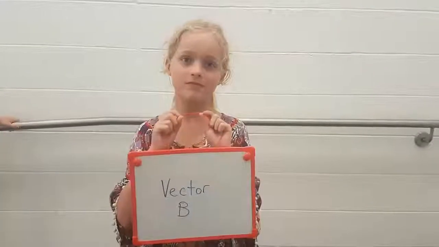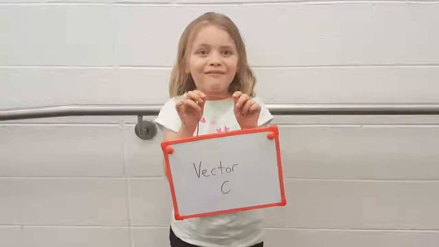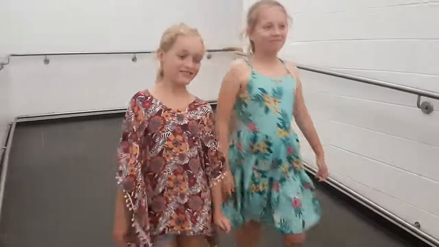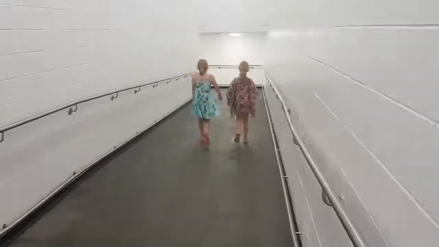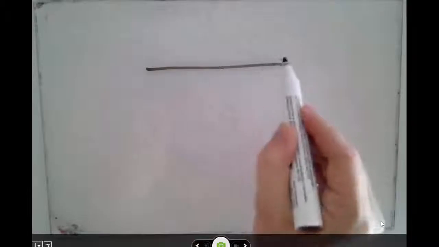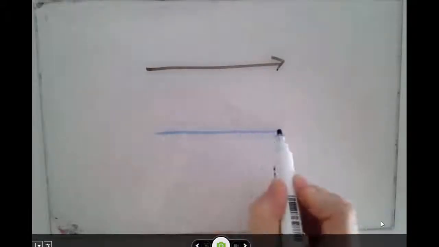I'm vector A. I'm vector B. I'm vector C. So for the first situation, we have vector A moving in this direction, and we have vector B also moving in the same direction.